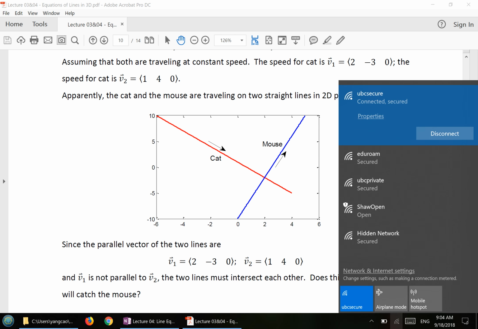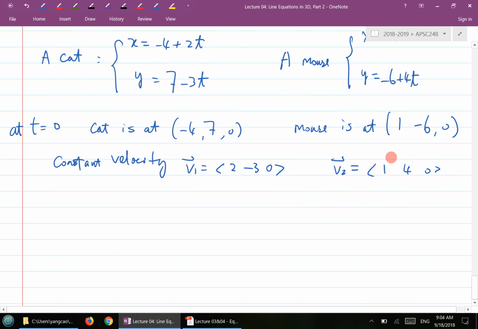So that's what we mean by the catch here. The catch doesn't mean intersection, but intersection is actually useful information in this particular case.